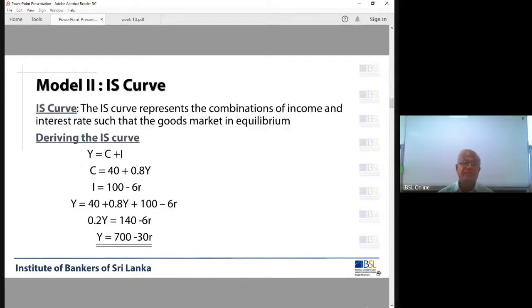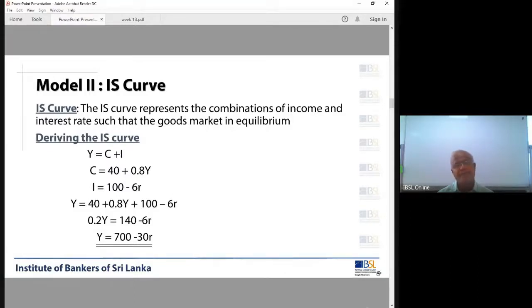To derive the IS curve mathematically, we use the equation Y equals C plus I. For the other 2 models, remember, you have to use Y equals C plus I plus G. For the open economy model, Y equals C plus I plus G plus X minus M. This model is very simple, just to understand the basic calculations. Y equals C plus I is the starting point to derive the IS curve.